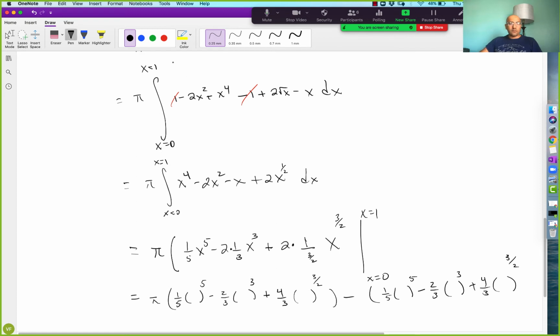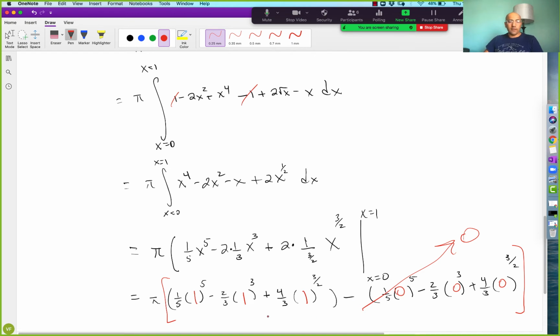Right, so it's this minus this, where first we plug in the 1s, so 1 goes there, 1 goes there, 1 goes there, minus, and now we plug in 0s everywhere. Luckily, the 0s make life super easy. 0 to the 5th is 0, 0 to the 3rd is 0, square root of 0 is 0, so this whole thing becomes one big 0, minus 0.